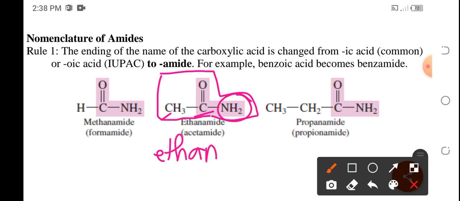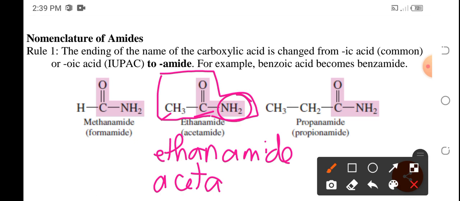But we drop the oic acid and affix amide, so that will have the name ethanamide. Ethanoic acid has a common name of acetic acid, but we drop the ic acid and affix the amide, so this structure will have a common name of acetamide. So ethanamide and acetamide are just the same.